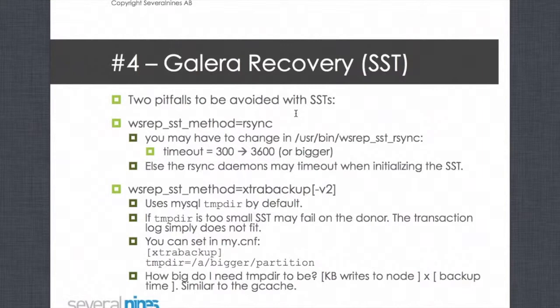And if it's a huge database, this scanning, this inspection of the file system to locate the directories and files that are there, will take time. And during that time, if it takes longer than 300 seconds, the joining node will give up and say, I can't join the cluster, when this timer kicks in.